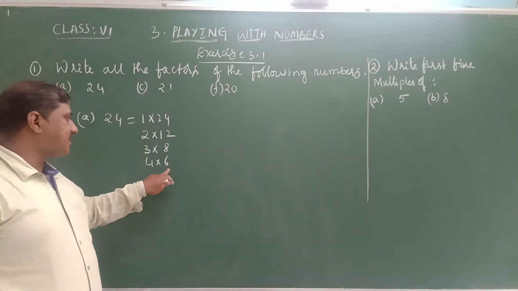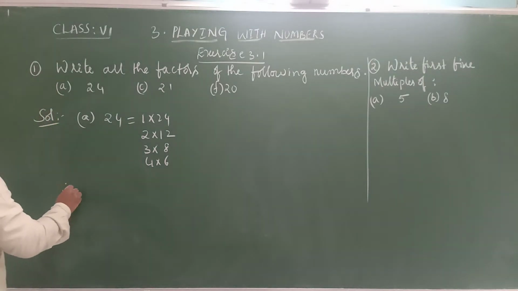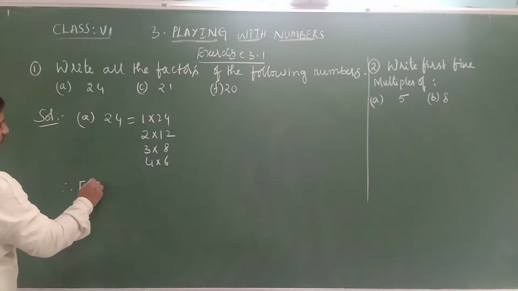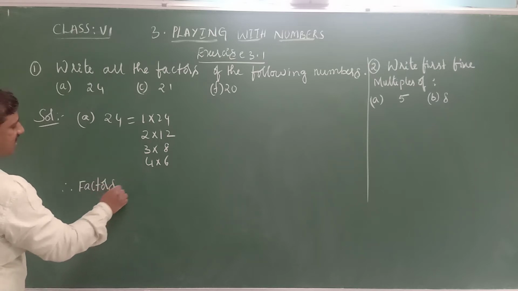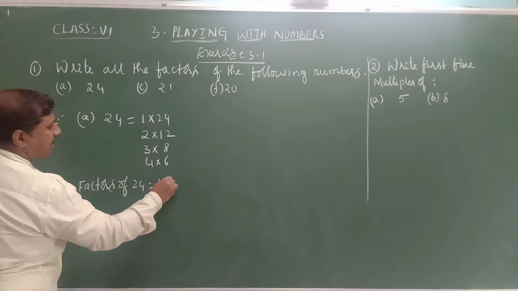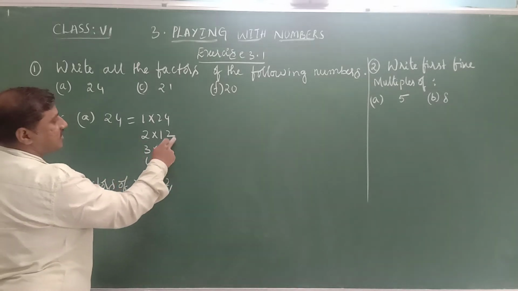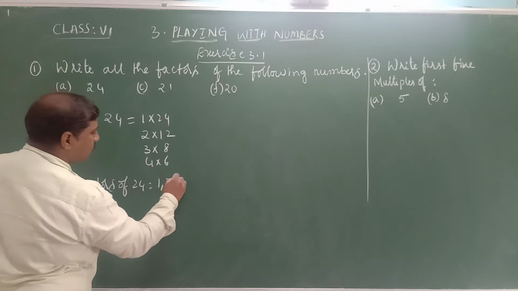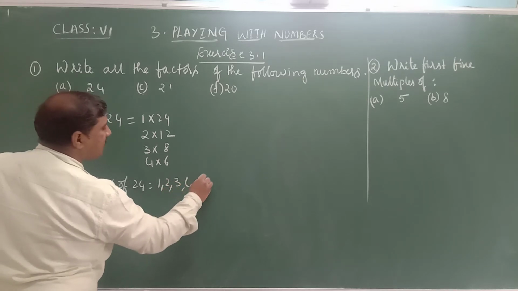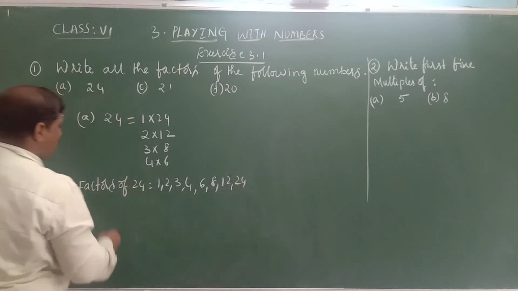Then it is 6, it is repeated. Therefore, what are the factors of 24? Factors of 24 are 1, 2, 3, 4, 6, 8, 12 and 24.